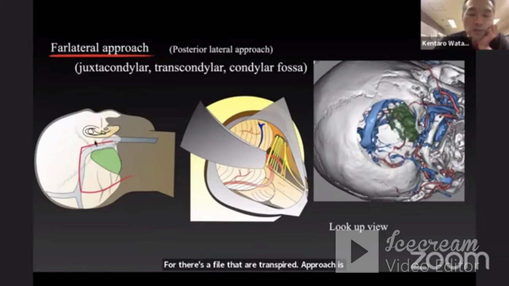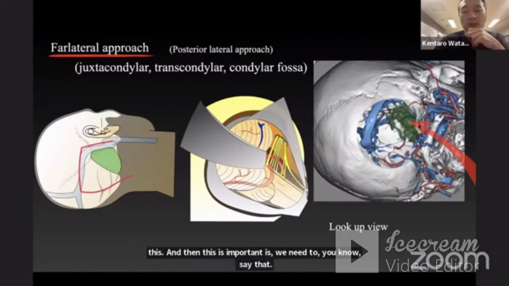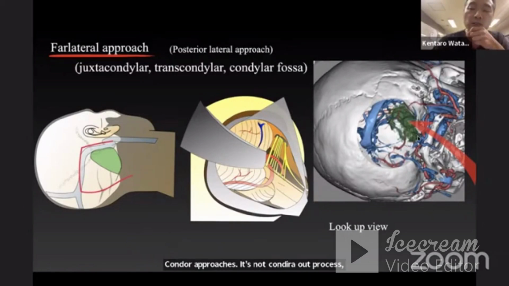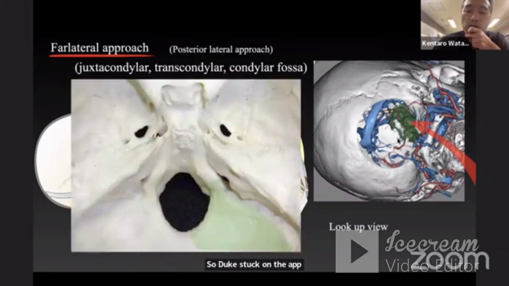Usually we use a hockey stick shaped skin incision like this. Also important is the transcondylar approach, or rather the juxtacondylar approach. Removing this bone in these areas is very important.